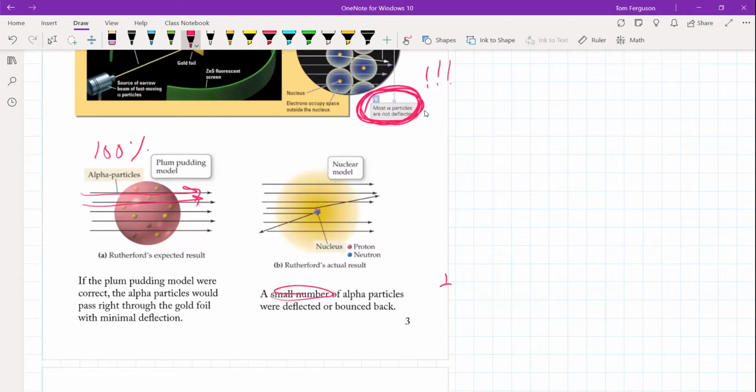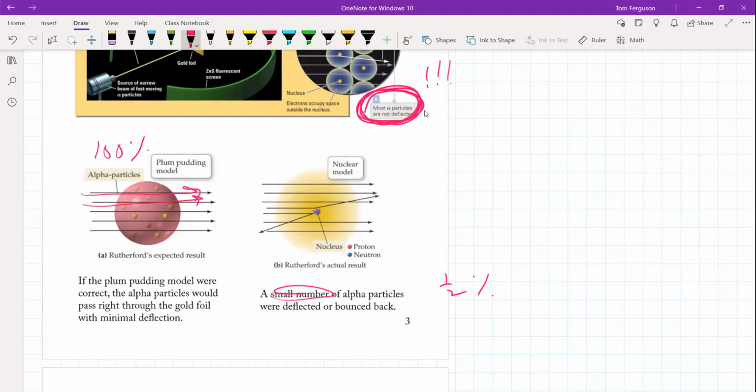We're talking about like 0.5% of them bounced. And Rutherford was going, wow, what was so massive in that atom that allowed that alpha particle to bounce back? And some of them bounced directly back.